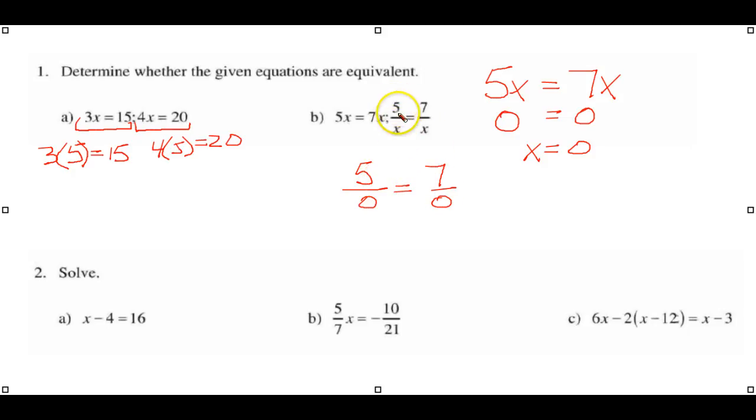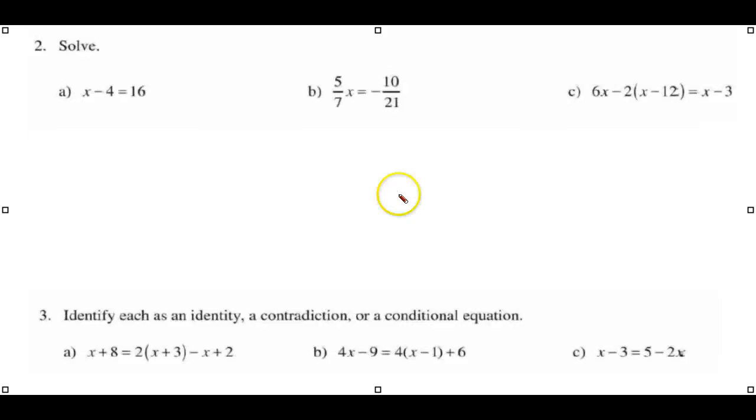And you can't have any value of x. Here, in order for it to be true, it had to be 0. Here, it's not a 0. So these are not equivalent statements. And they could have given you other ones that were a little easier than this. But we'll go on and work out how to solve equations.